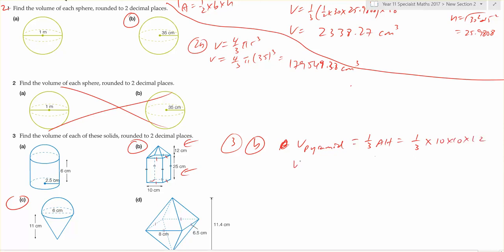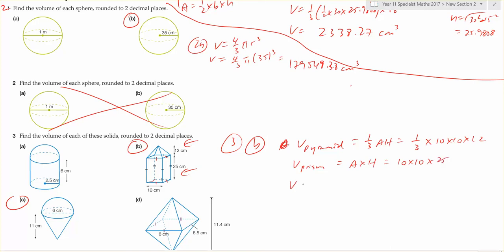The volume of the rectangular prism is the cross-sectional area times the height, which is 10 by 10 times the height, 25.